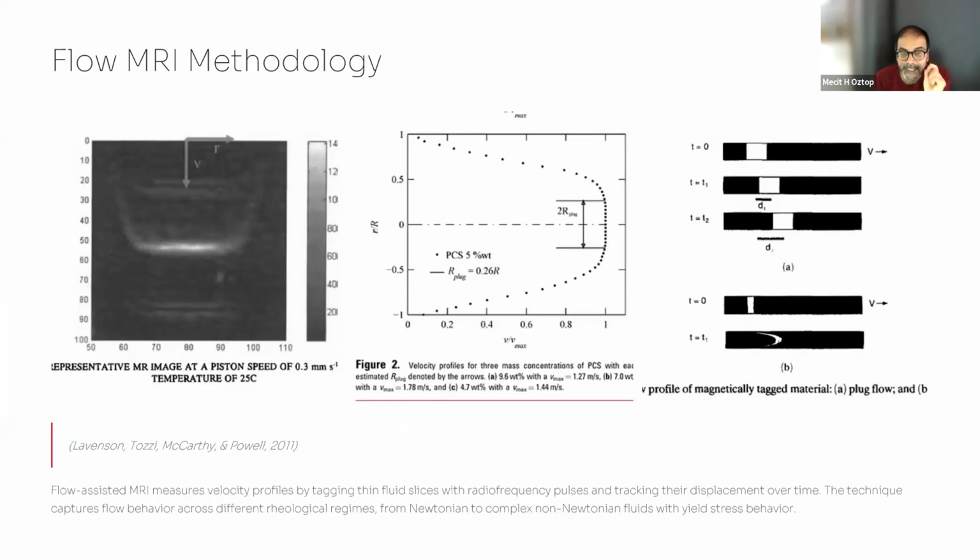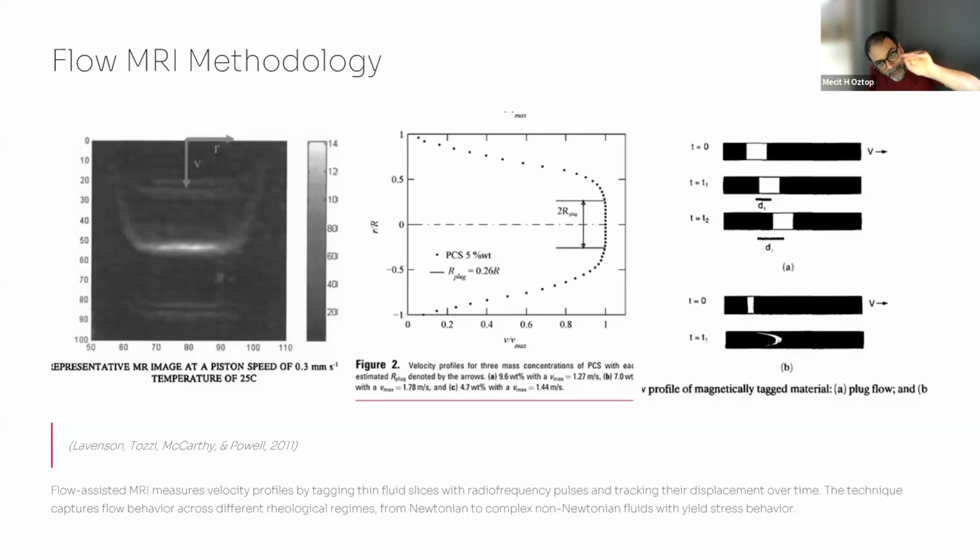Here, the flow-assisted MRI measures the velocity profile by tagging the thin fluid slices with RF pulse and tracking their displacement over time. The technique captures the flow behavior across different rheological regimes, from Newtonian to complex non-Newtonian fluids with yield stress behavior. For instance, here, that's a very good example for such a fluid.